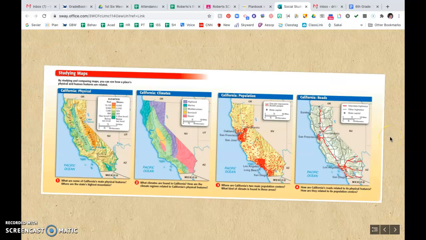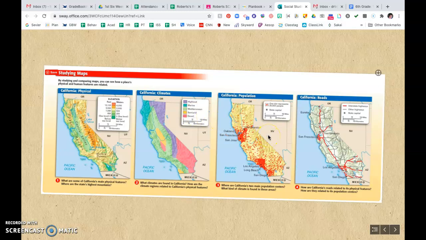In studying maps, you have different kinds of maps. These are all maps of California, but you can tell they look different. This would be a physical map of California because it's showing the elevation of the mountains. This is a climate map. You can see it's telling you, based on the color, what climate you would find in each of those areas.